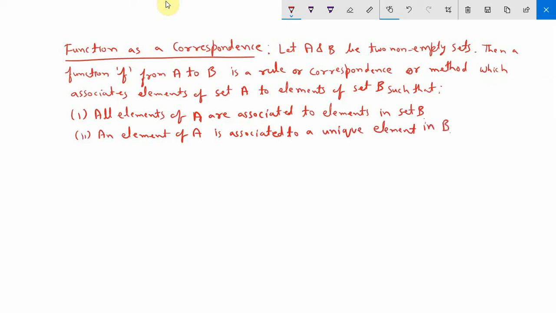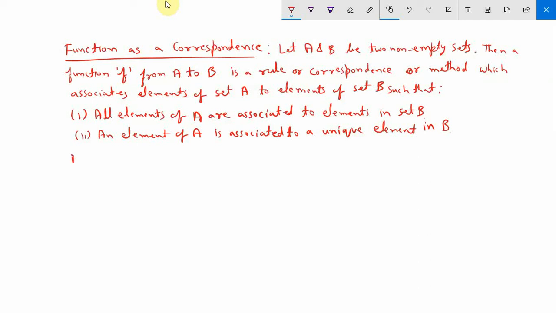So if a given relation is a function, these two conditions, 1 and 2, must be fulfilled. So a function from A to B associates each element of A to a unique element of set B.